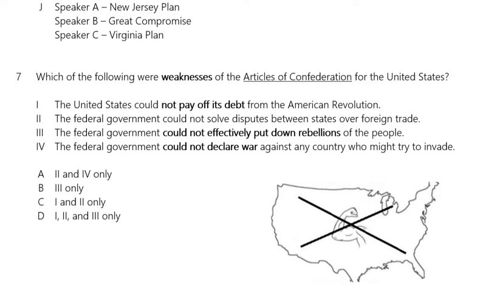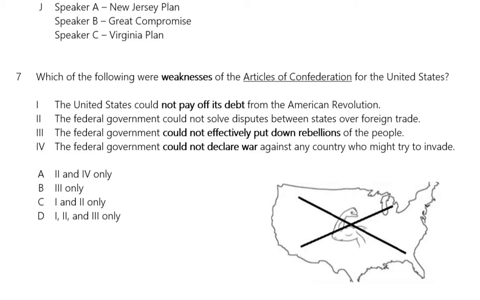Number 7. Which of the following were weaknesses of the Articles of Confederation for the United States? 1. The United States could not pay off its debt from the American Revolution. 2. The federal government could not solve disputes between states over foreign trade. 3. The federal government could not effectively put down rebellions of the people. 4.